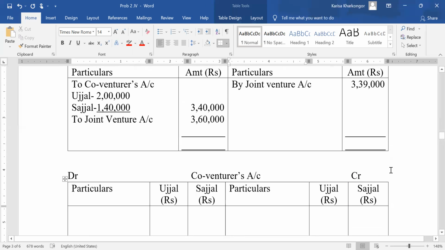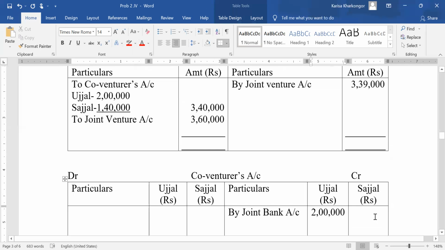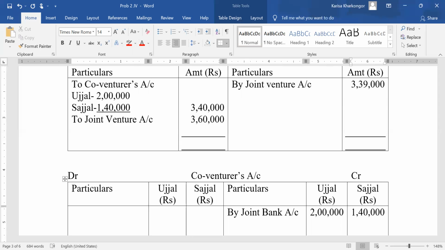So co-venturers account, we will first credit with the contribution made by the co-venturers. So by joint bank account, Ujjwal made a contribution of 2 lakh. Sajal made a contribution of 1,40,000.